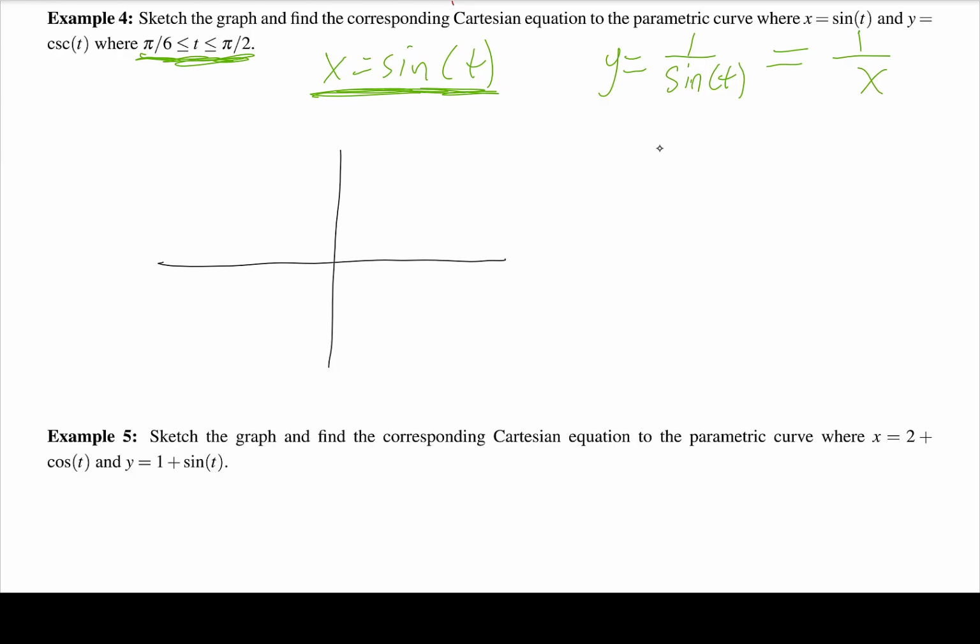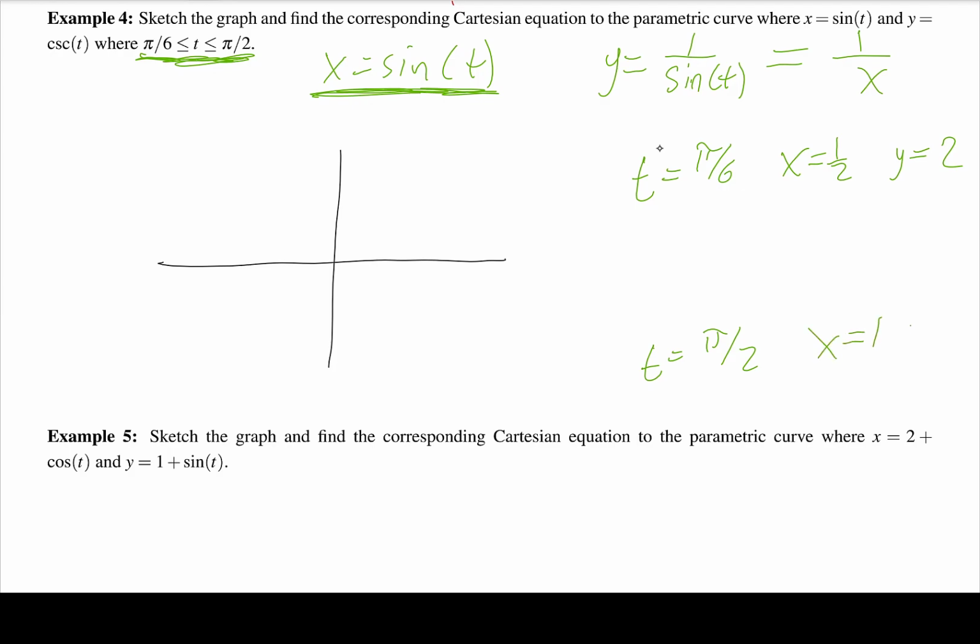So I'll start at t equals pi over 6. There I would get x is equal to 1/2, y is equal to 2. Then I'll move to t equals pi over 2. I'm not going to do the values in between, and you'll see why.